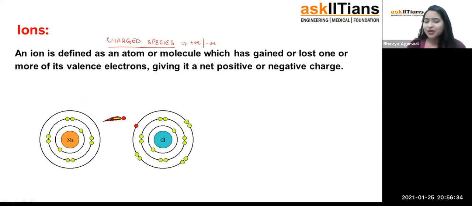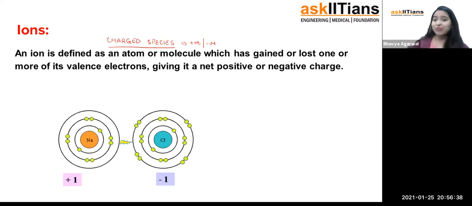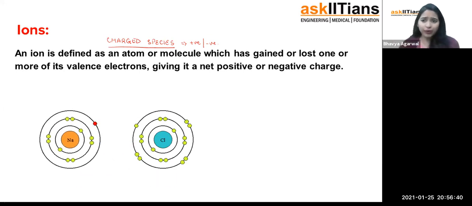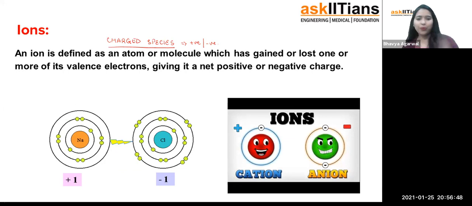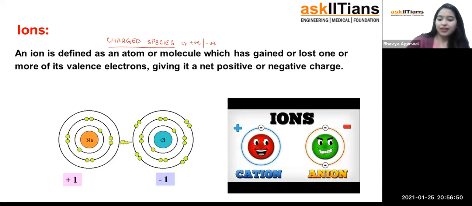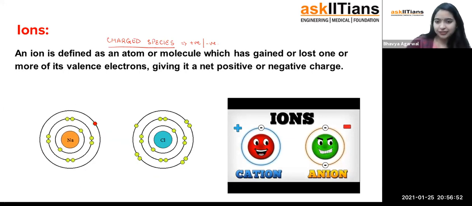Now a thing which is coming to your mind is, what is an electron? And why did it jump from sodium to chlorine? So I will be giving answers to all these questions in a while. To understand it, let's look at this model.